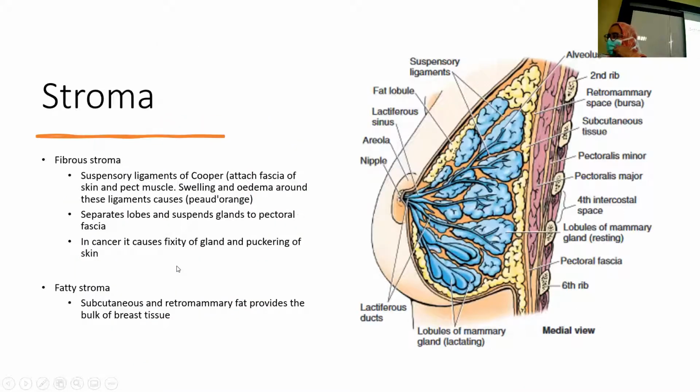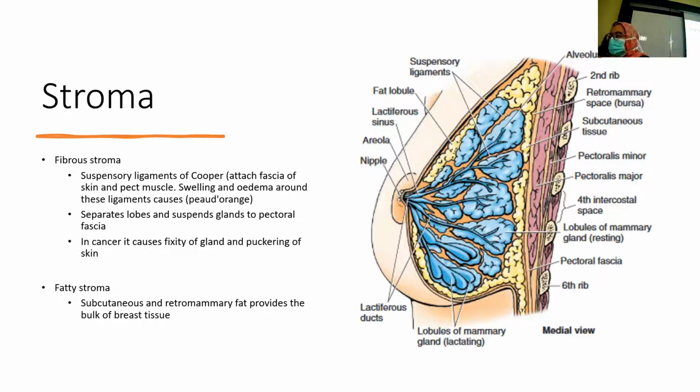The stroma is divided into two: the fibrous stroma and the fatty stroma. The fibrous stroma is the one in orange here. It's the suspensory ligaments of Cooper. These attach the fascia of skin and pectoral muscle. Swelling and edema around these ligaments will cause the peau d'orange appearance when you have cancer.